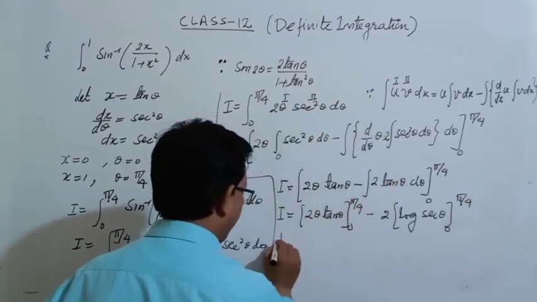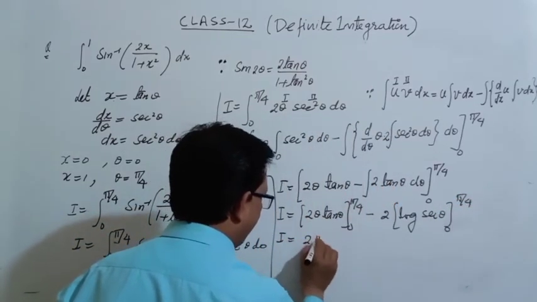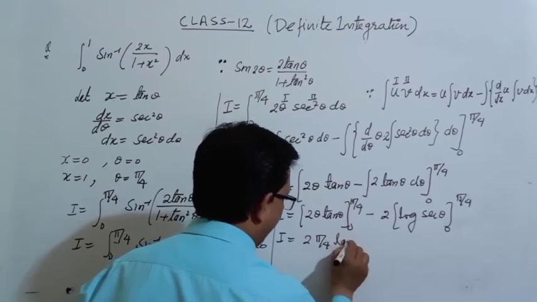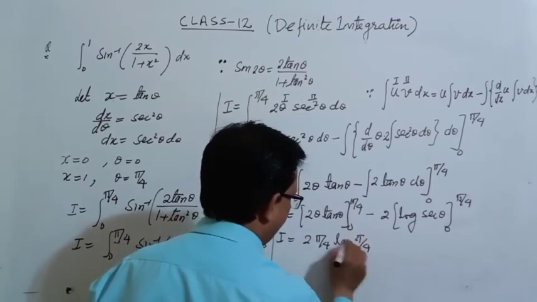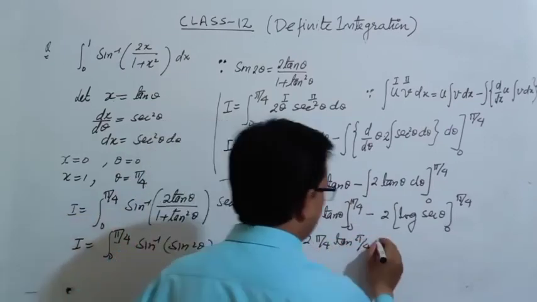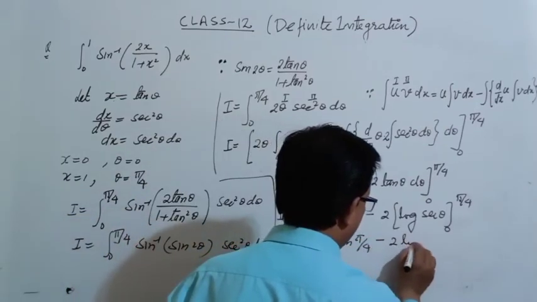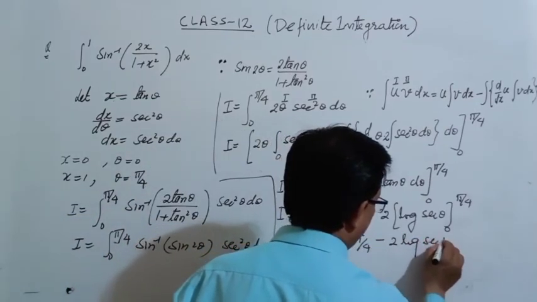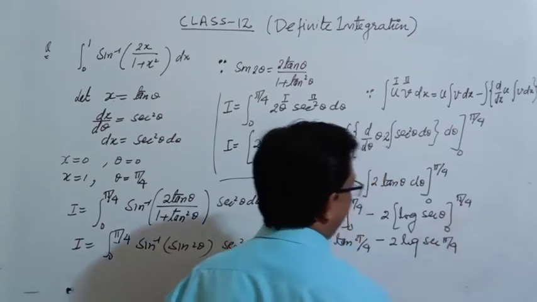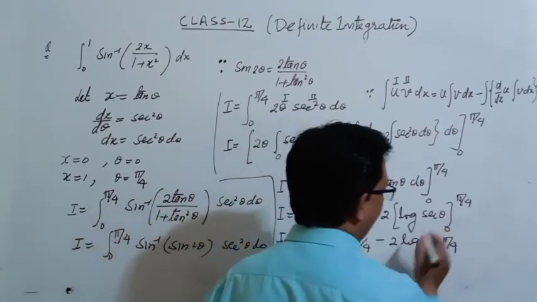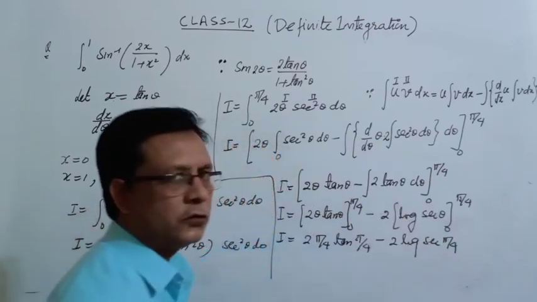Now we apply the upper limit. This is 2 pi by 4 tan pi by 4, and at 0 it is 0, minus 2 log sec pi by 4, and sec 0 is 1, so the whole is 0.